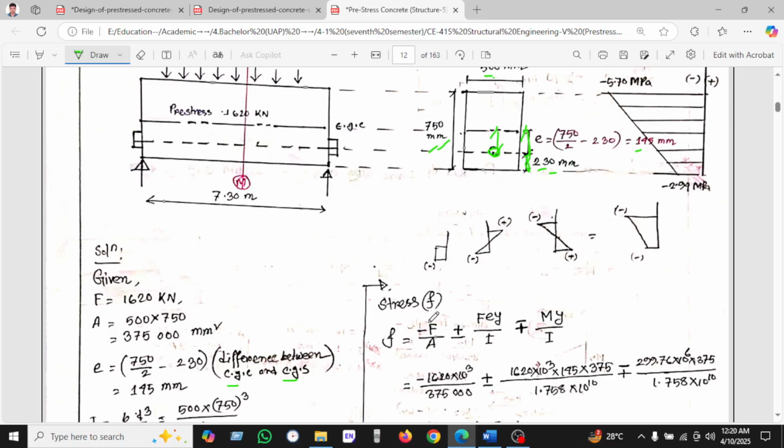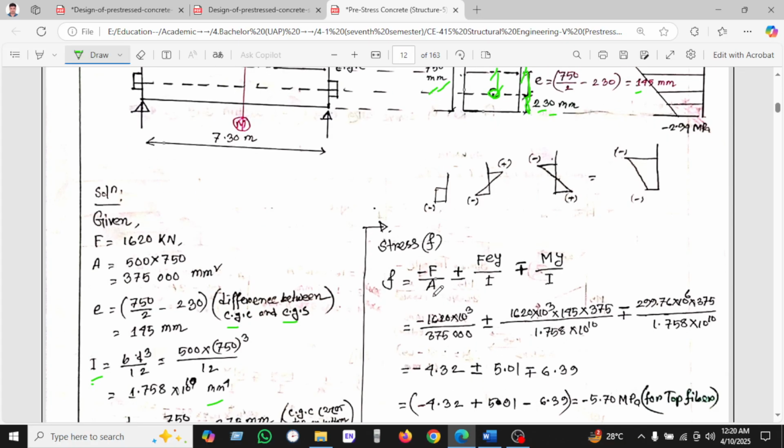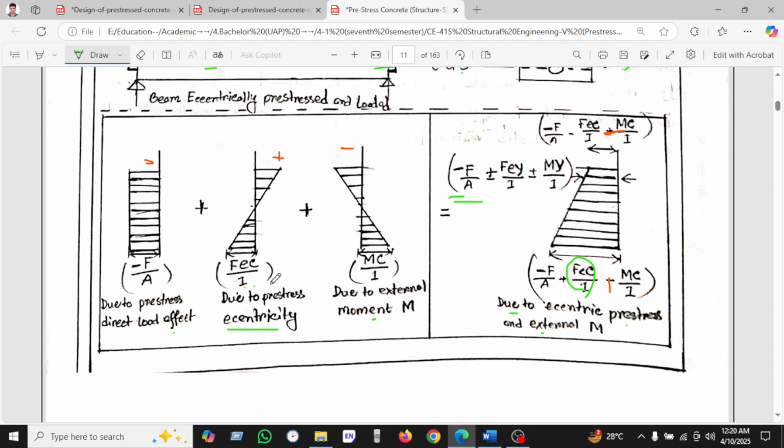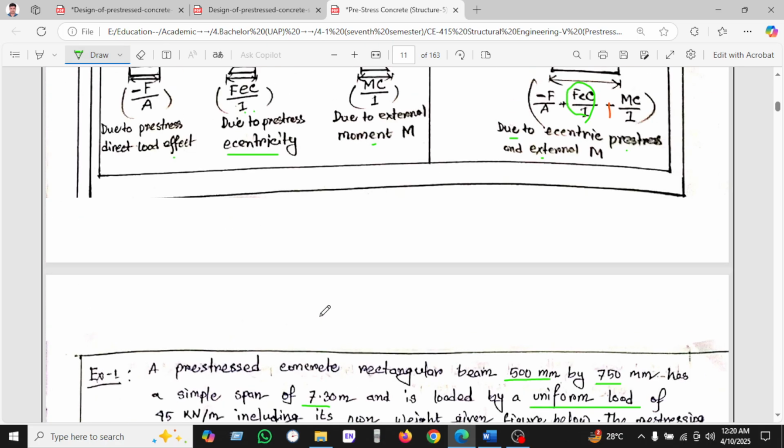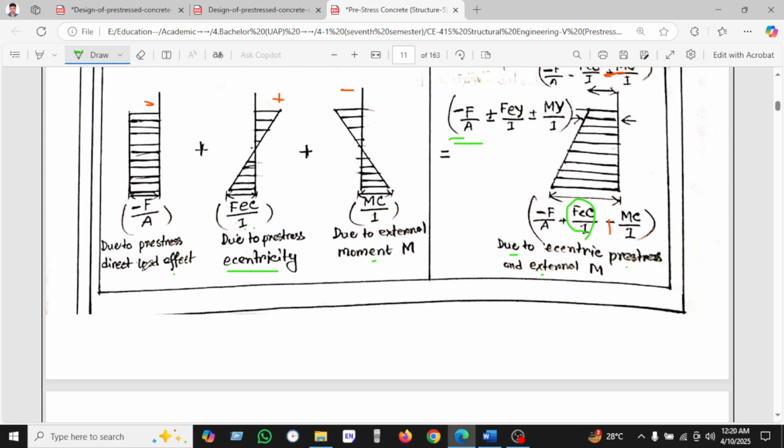Now we can see the stress. We know the three types of stress we have seen here. Because there is eccentricity, three types of stress will be produced: the direct force stress, the eccentricity stress and the moment stress. So these three types of stress will be induced.